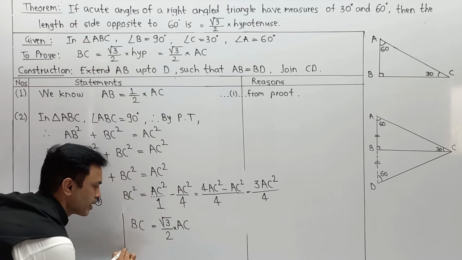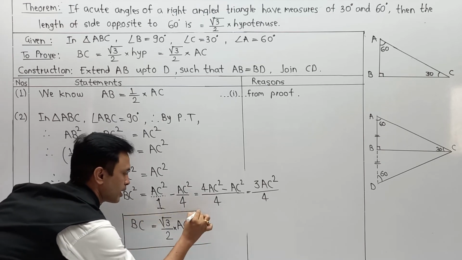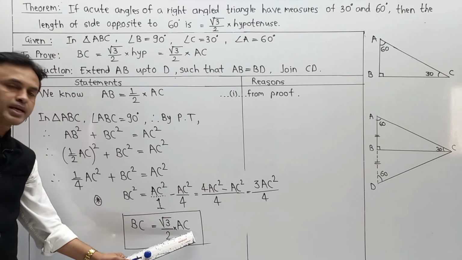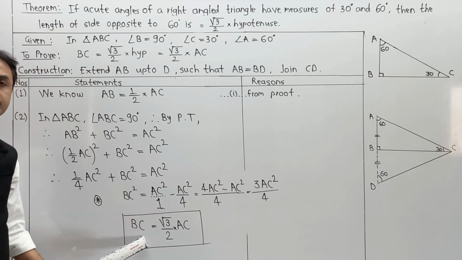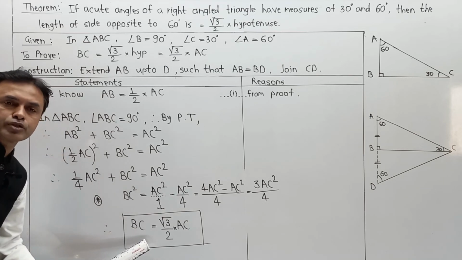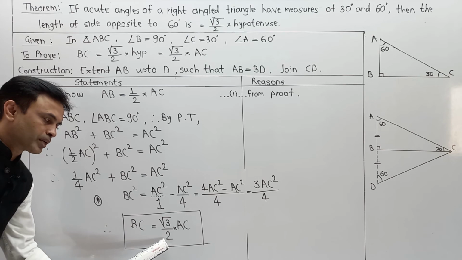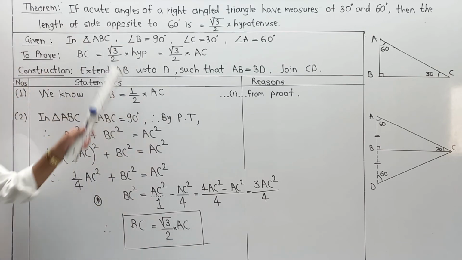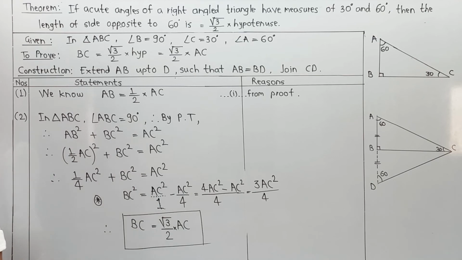In this way, BC is equal to root 3 by 2 times of AC. BC is nothing but the side opposite to 60 degree, root 3 upon 2 times of AC, the hypotenuse. In this way, you can complete the entire proof.